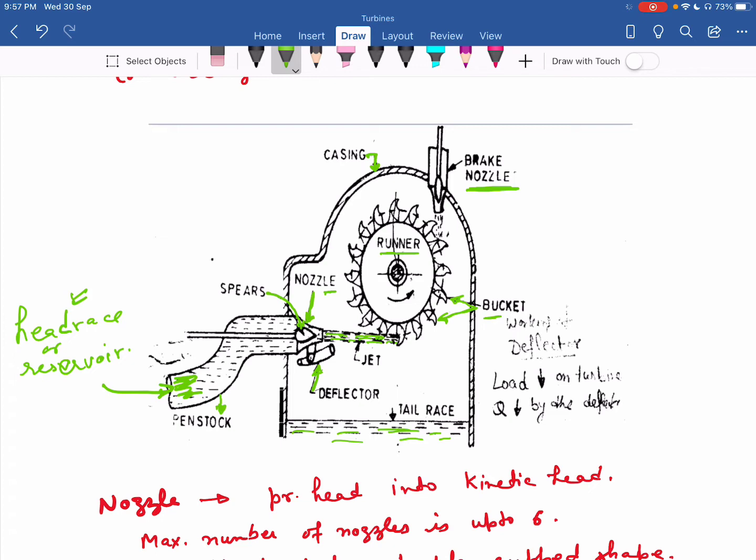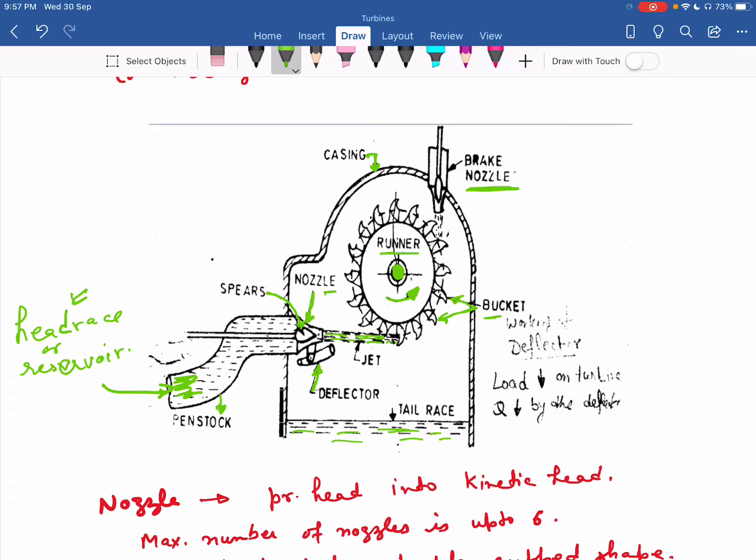Now this jet strikes the buckets, which are mounted on the wheel or runner, and applies impulse or impact. With the help of that impulse, this runner starts rotating in this direction. With the rotation of the runner, the shaft is also rotated. This shaft is further connected to an alternator or generator that is used for producing electricity.